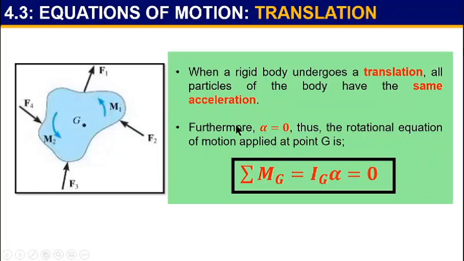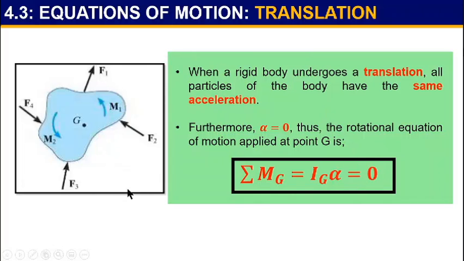Furthermore, you already learned this in chapter 1, alpha angular acceleration equal to 0. Thus, the rotational equation of motion applied at point G is sigma moment G equal to Ig times alpha. Since alpha for translation motion is 0, then the moment at point G is equal to 0.